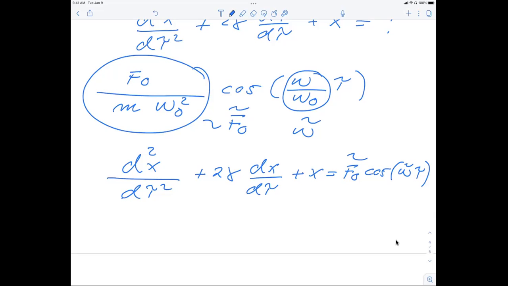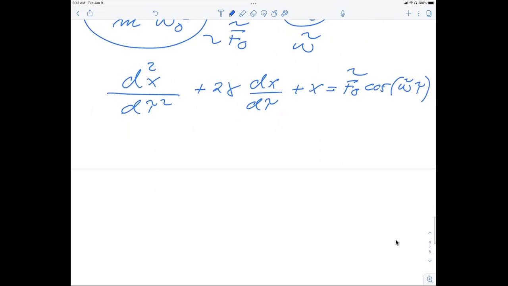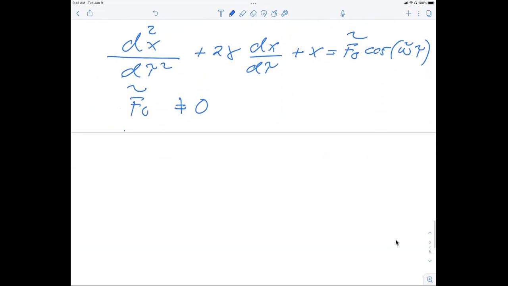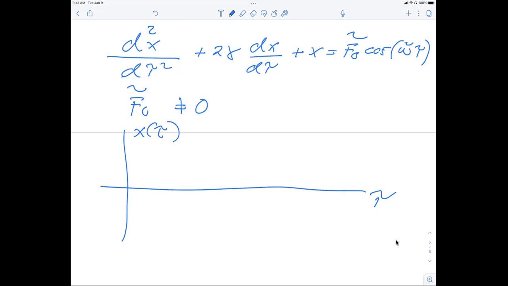So what we did was to look at a system like this when f0 was different from 0. This is the final case which we looked at on Wednesday. And we saw something like this. So we had this tau, we had our x of tau. We started at some x0, and then it went something like this, and then suddenly it was oscillating at the same frequency forever.